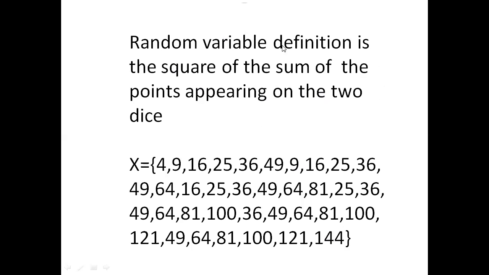Based on this definition, the random variable has in total these 36 outcomes. Observing these outcomes based on the random variable definition, the events we get are 4, 4, 9, 16, 25, 36, 49, 64, 81, 100, 121, 144.